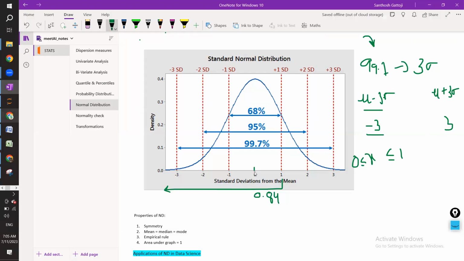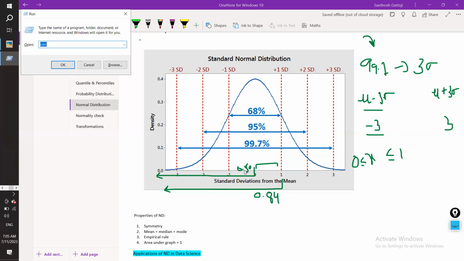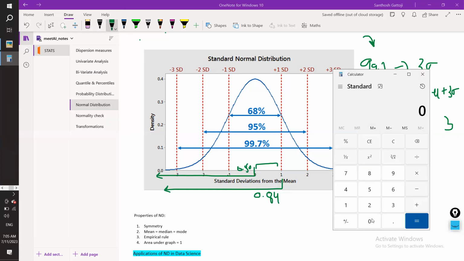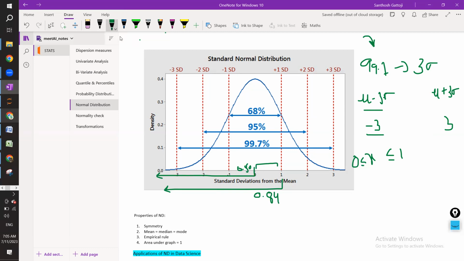That means this distance is 0.50. So what will be this distance? It will be 0.84 minus 0.50. How much will it be? 0.34.